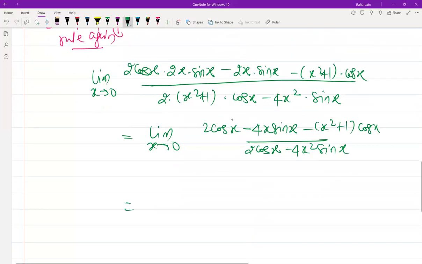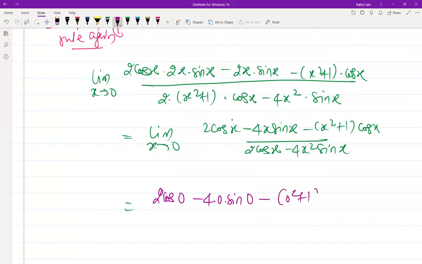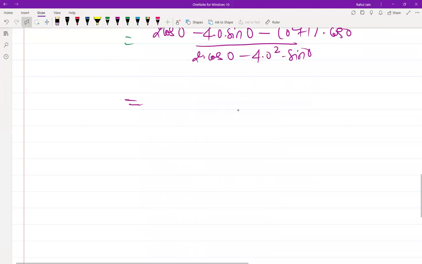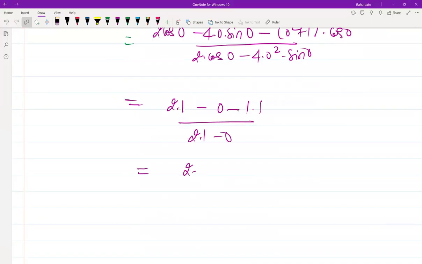So substituting the limit: 2 cos 0 minus 4 into 0 sin 0 minus (0 square plus 1) into cos 0, divided by 2 into cos 0 minus 4 into 0 square into sin 0, equals 2 into 1 minus 0 minus 1 into 1, divided by 2 into 1 minus 0, equals (2 minus 1) divided by 2, that is 1 by 2.